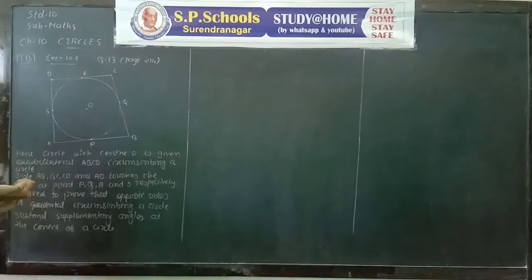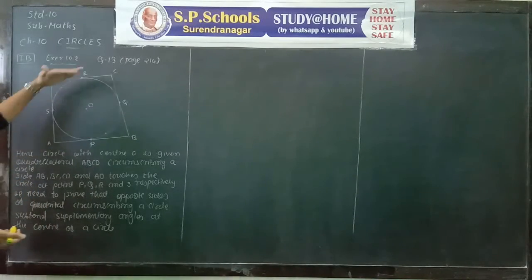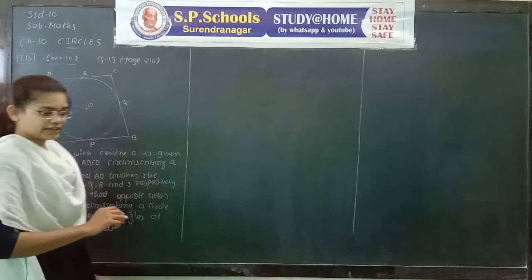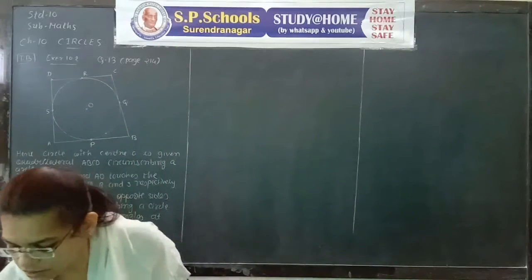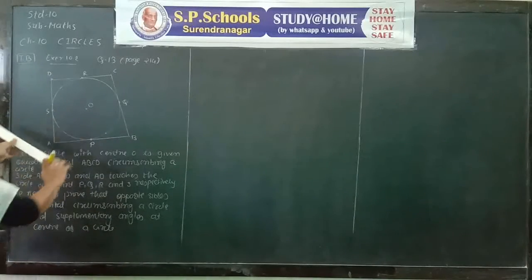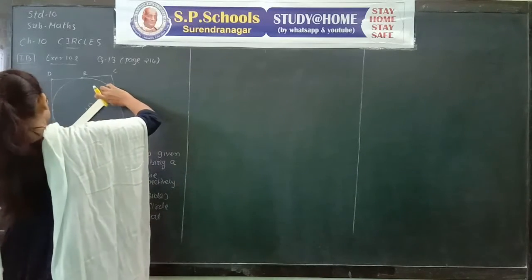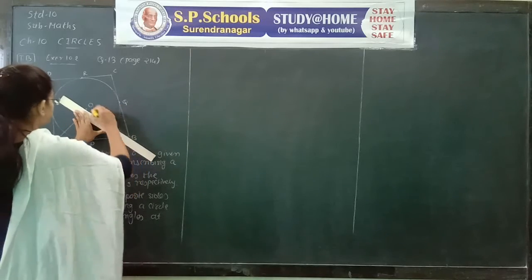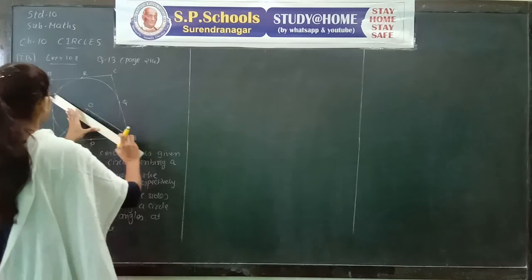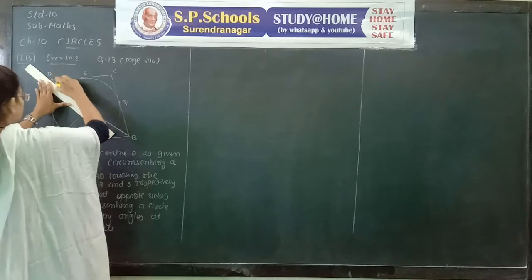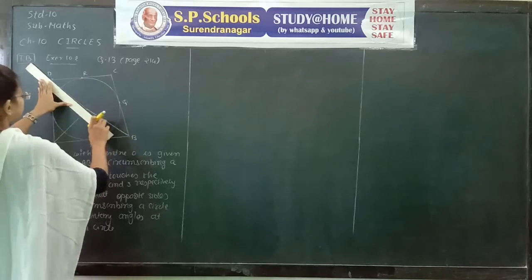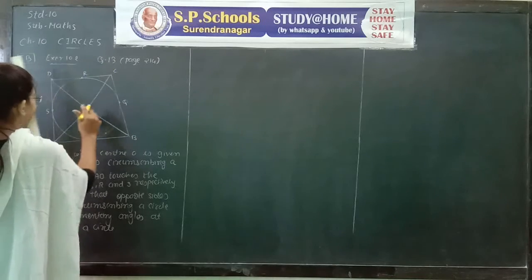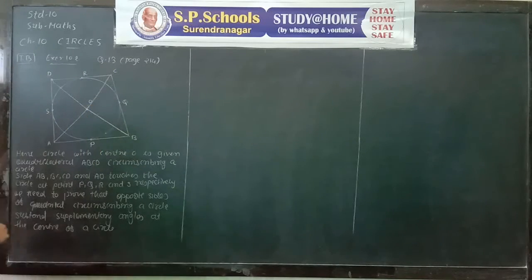So for the opposite sides AB and CD, angle AOB, for that join A to O and B to O, and the second angle, join D to O and C to O. Here O is the center of the circle.